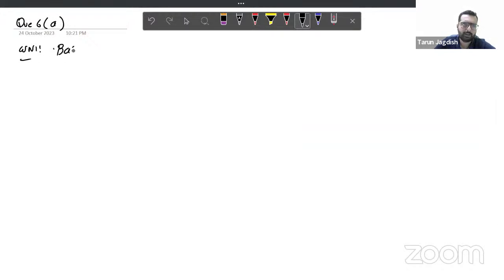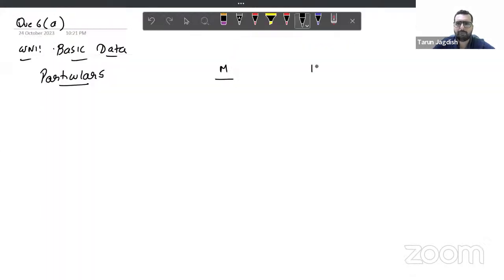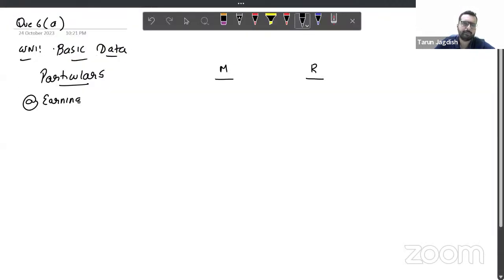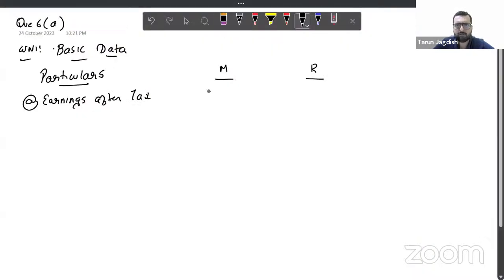Working note number 1. Basic data. Particulars. You have M and R. Point number A. They have given the earnings after tax. So how much are the earnings that they have after tax? 4,000 lakhs and 8,000 lakhs.